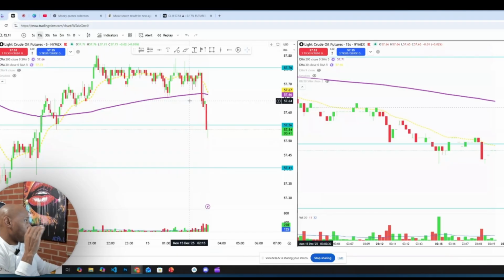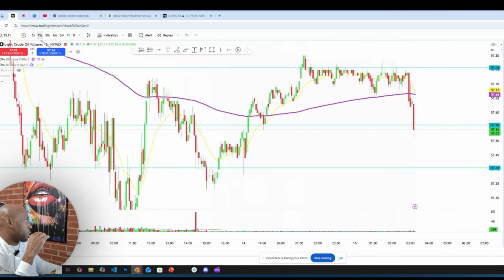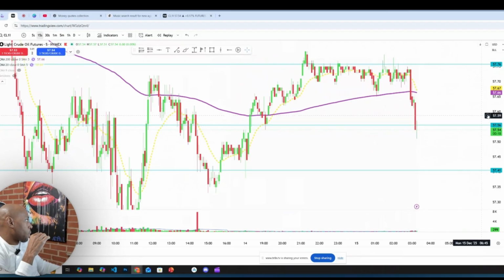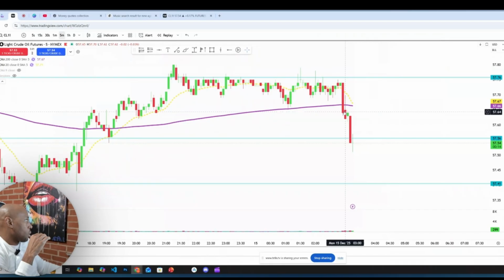because the smaller the time frame, the less amount of time it takes for price and the EMAs to meet each other again. So let's say I'm on a 5 minute time frame and price gets away. If you look towards the left, my left chart, let me make it a little bit bigger for you guys, on my left chart, my 5 minute, price is trending downward.